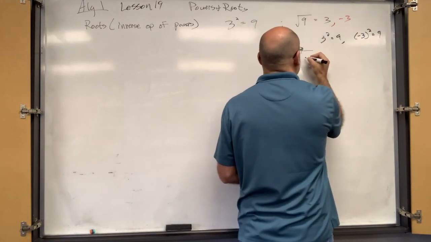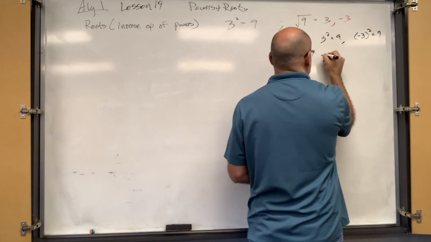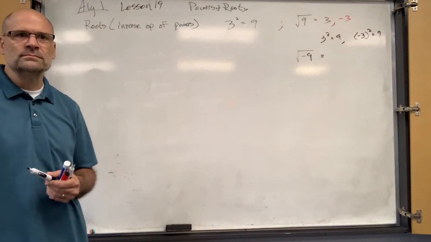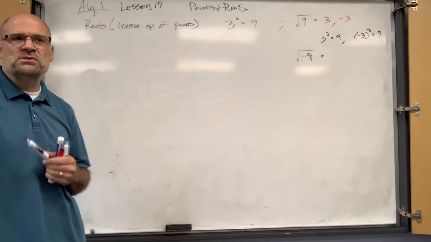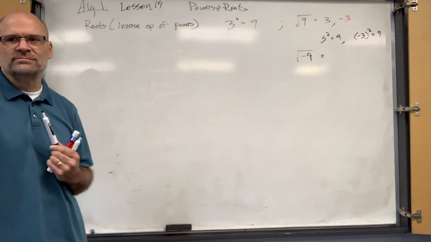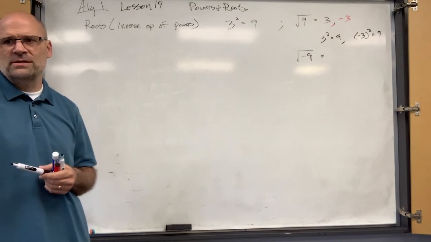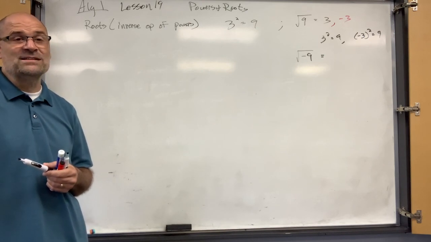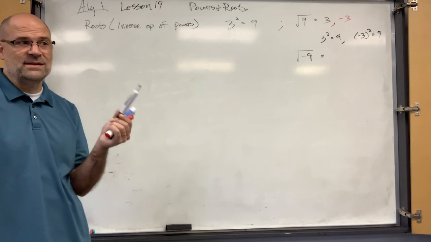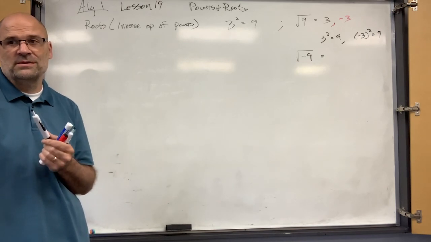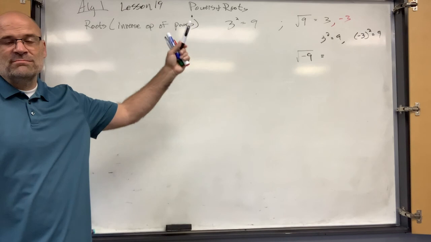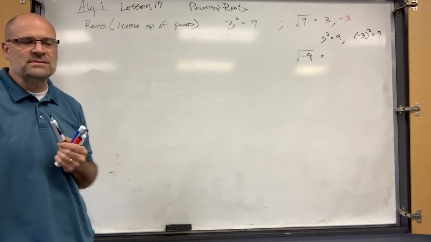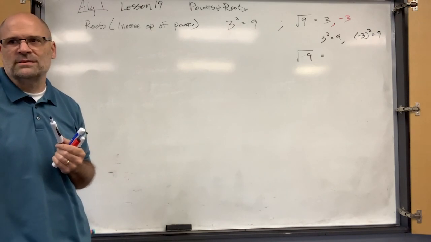Okay? So, what's the square root of negative 9? 3 times 3 equals negative 9? No. Negative 3 times negative 3 equals negative 9? Yeah, so it has to be exactly the same number times itself, right? It can't be 3 times negative 3. So this is impossible. This is not a real answer. If it's not real, what is it?